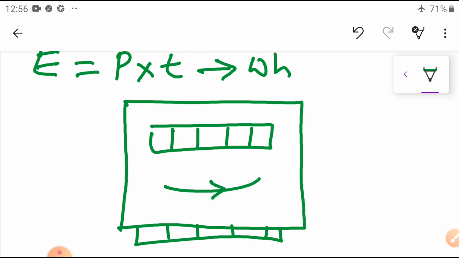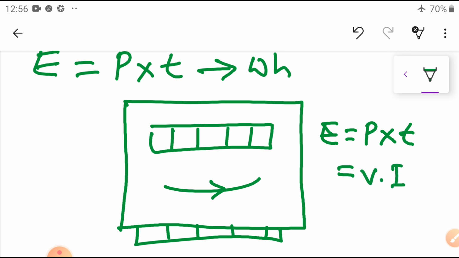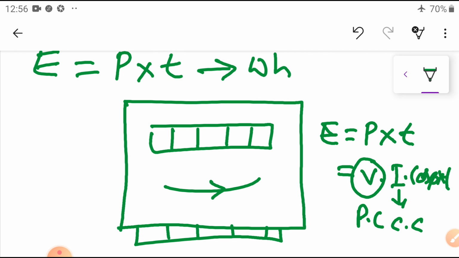Energy is equal to P into T, power in watts, time in seconds, and we can write V into I into power factor into T. Now the V is for the PC coil and I for the CC coil. It has two coils.